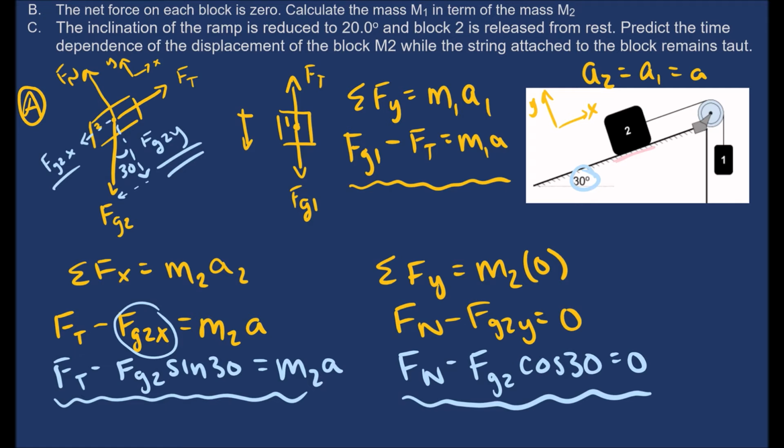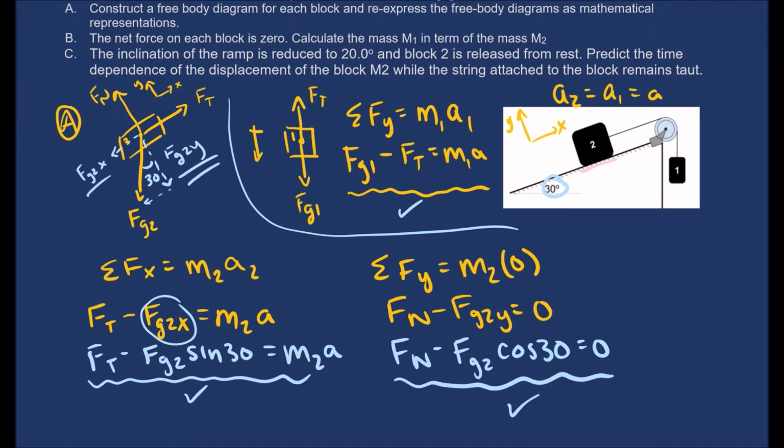And for block 2, we have 2 equations to represent those free body diagrams. And for block 1, we just have the one equation, okay, because there's no x motion for block 1. Okay, so that wraps up part A.